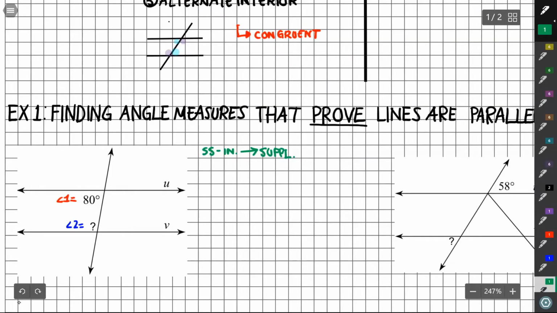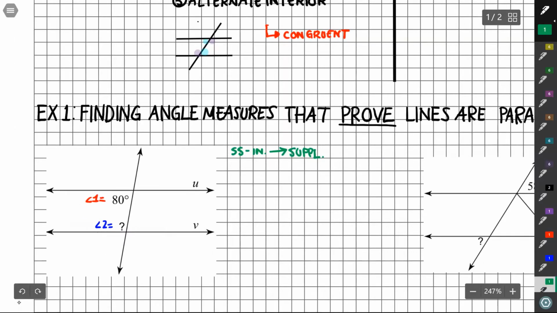I'm just going to abbreviate it. So supplementary means that if I take angle 1 and add it to angle 2, I should get 180 degrees if my lines are parallel.